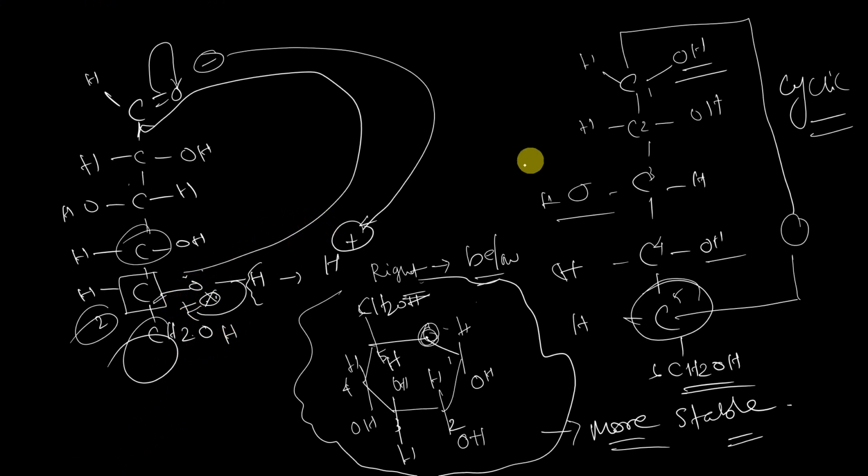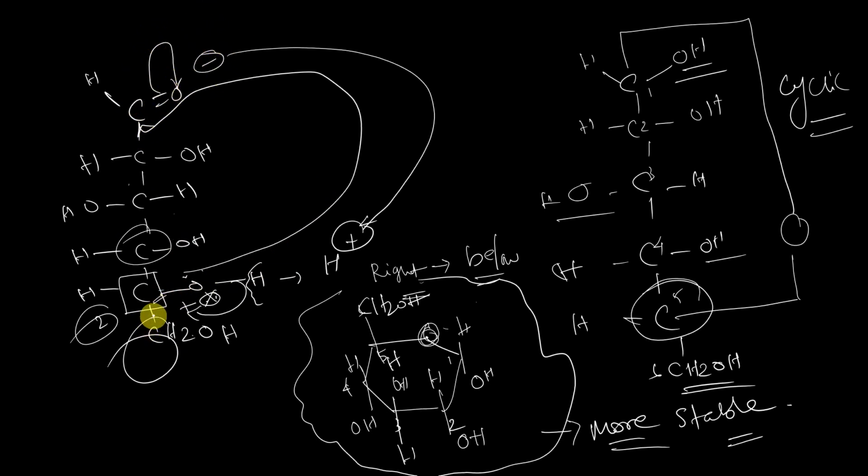Let me tell you again one more time. What happens? The oxygen attached to the fifth carbon atom donates its electron to the carbonyl carbon, so that the unwanted oxygen takes back its electrons and acquires a negative charge.